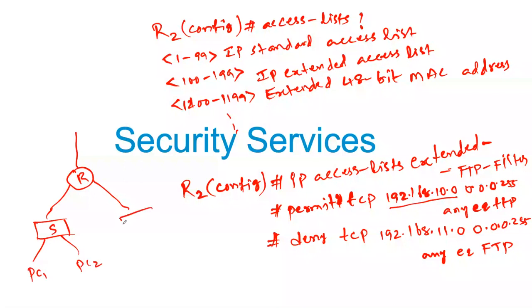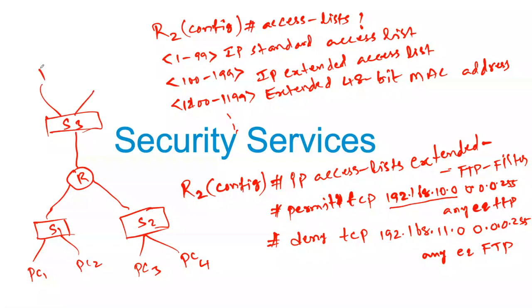Another switch, switch 2, connects PC3 and PC4. Another switch, switch 3, is connected to PC5 and PC6. So how will they be identified?